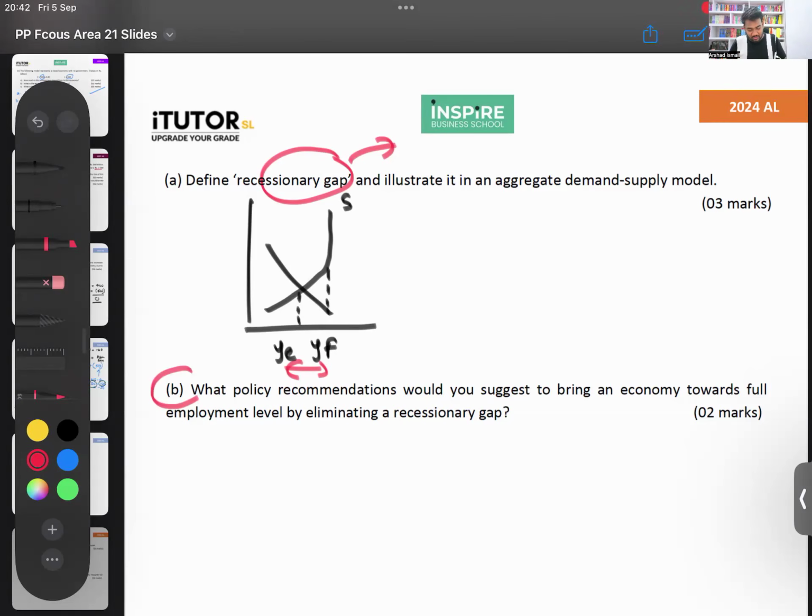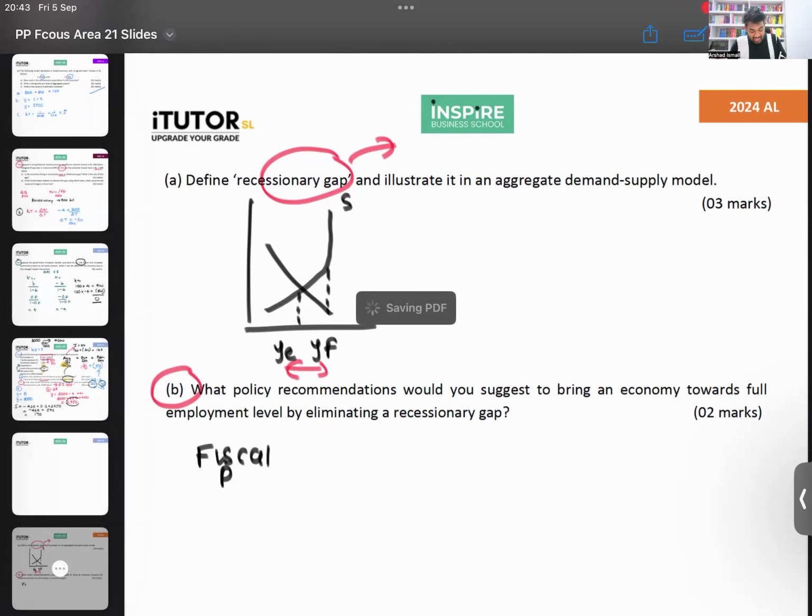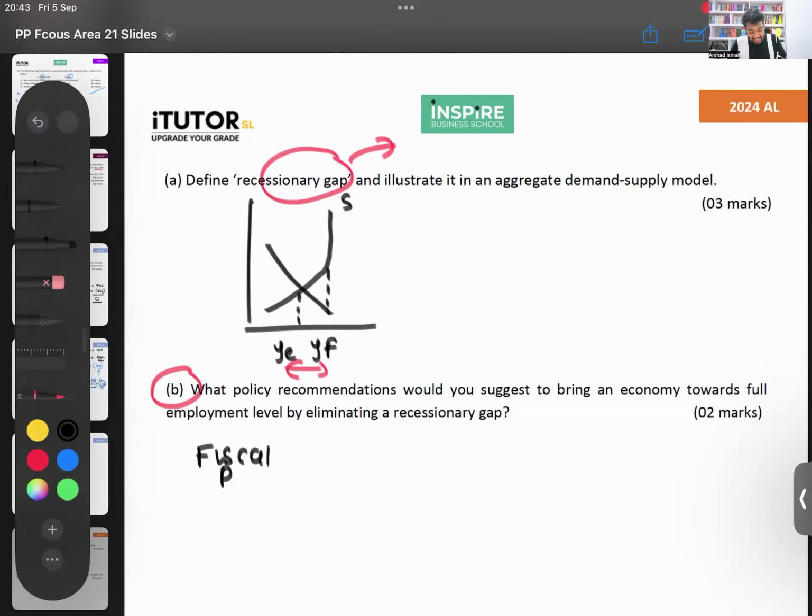And then they're asking you, what policy recommendations would you suggest to bring an economy towards full employment by eliminating the gap? So how can you eliminate the recessionary gap? What do you do with your fiscal policy, expansionary or contractionary? There is a recessionary gap now. You want to increase aggregate output. You have to have an expansionary fiscal policy.